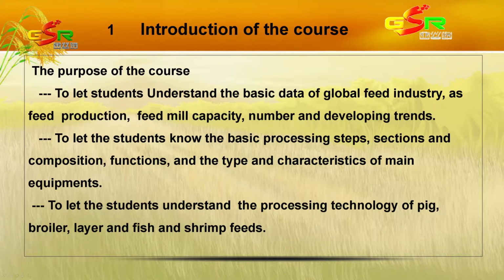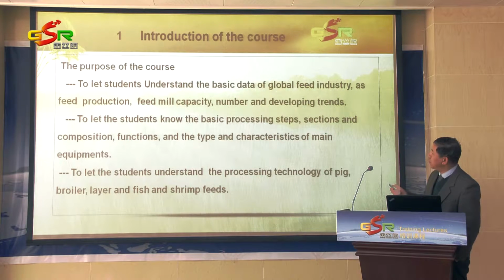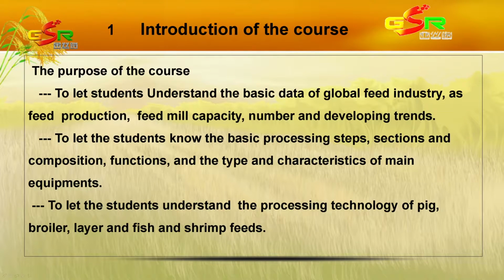The main purpose of this course is as follows. First is to let the students understand the basic data of global feed industry, such as feed production, feed mill capacity, number, and developing trends.